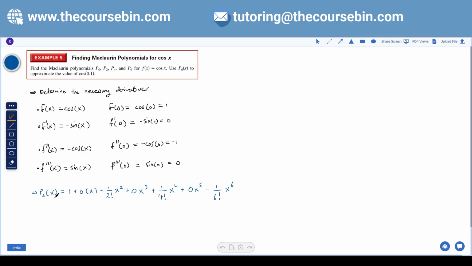So this is our P6, our degree 6 polynomial. All of these cancel, these are just zeros.